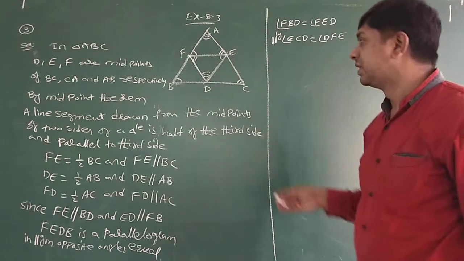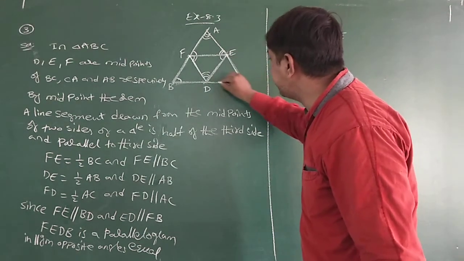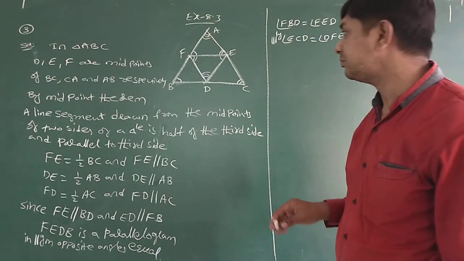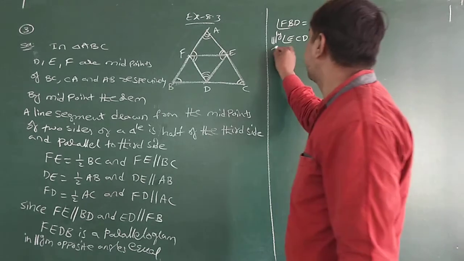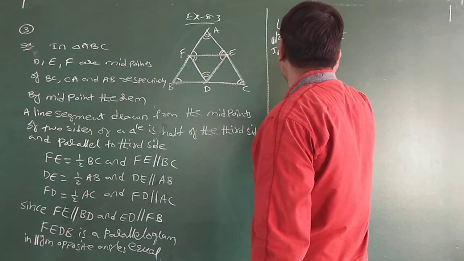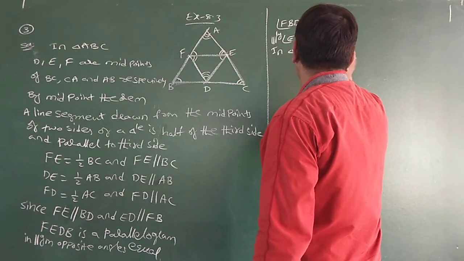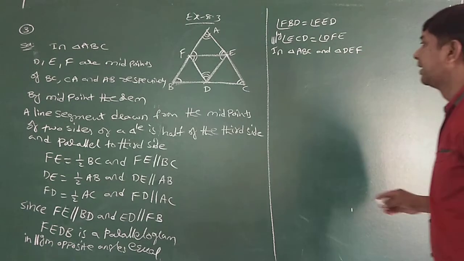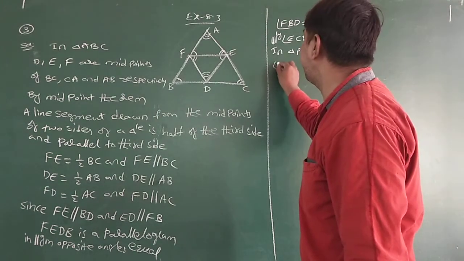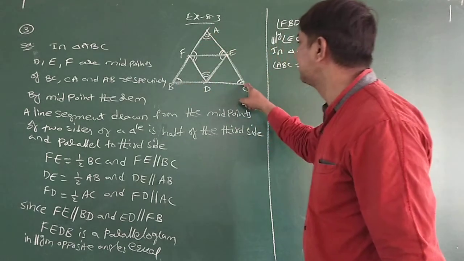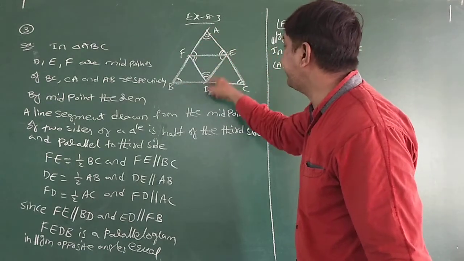Now, in triangle ABC and triangle DEF, angle ABC is equal to angle FED.